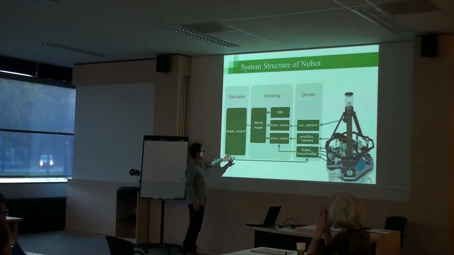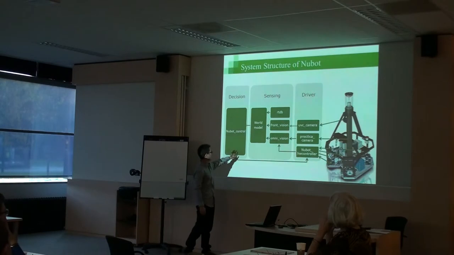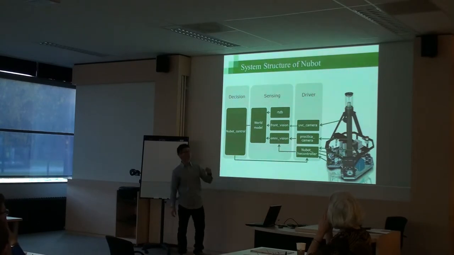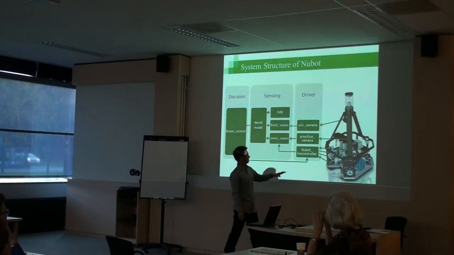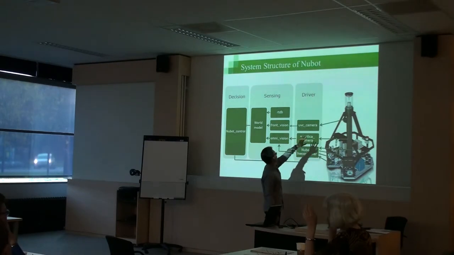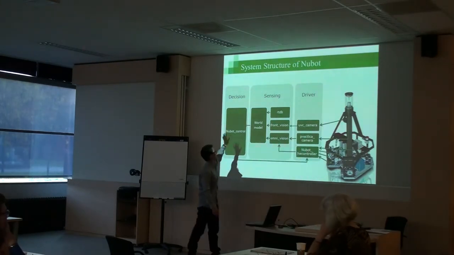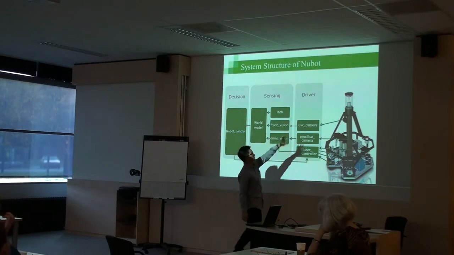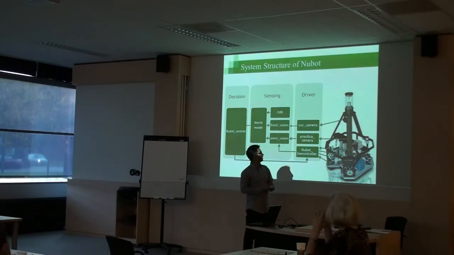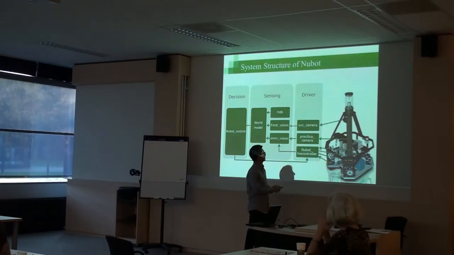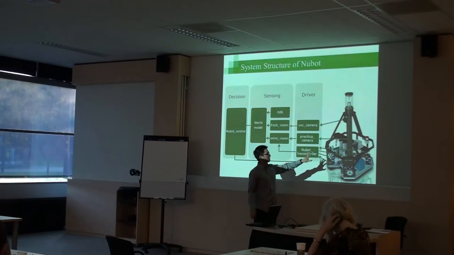And here is the overview of our system structure. The green ones represent nodes in the ROS system, and from our robots we can separate them into 3 categories. One is the driver. It acquires raw information like images and any other readings.